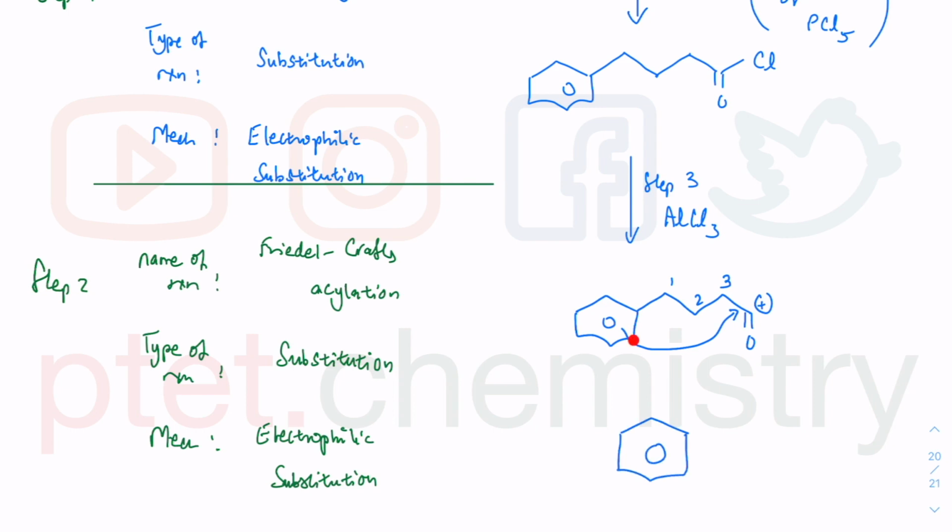There's a hydrogen there that you can kick out, and you kick out H plus, which will combine with the Cl minus released from the AlCl4 minus, such that you get HCl. But what will happen is 1, 2, 3, and then the fourth one goes there, and you will have another C=O like that. So this is 1, 2, 3, and 4. This is going to be your final product.